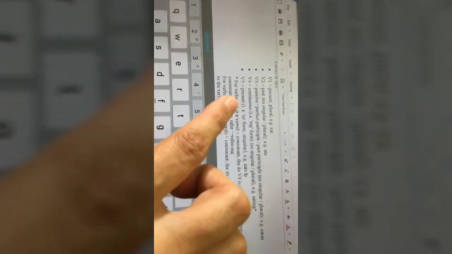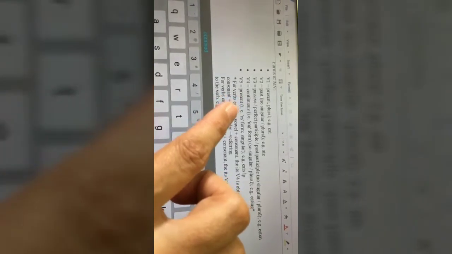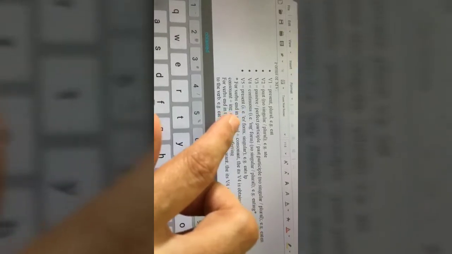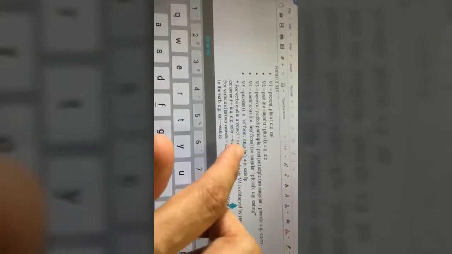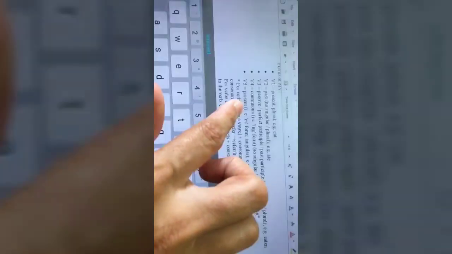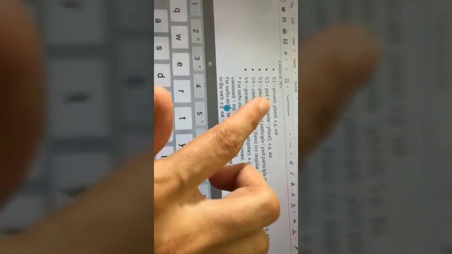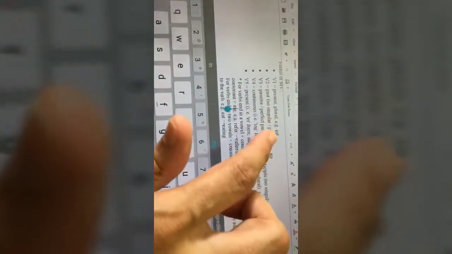V5 or the fifth form is basically the present tense of the verb, where es is added to the verb to form its present tense, and it is in the singular form. Remember, it is different from V1, which is also talking about the present tense but in the plural form, and there is no es added to form the present tense of the word. For example, eat.